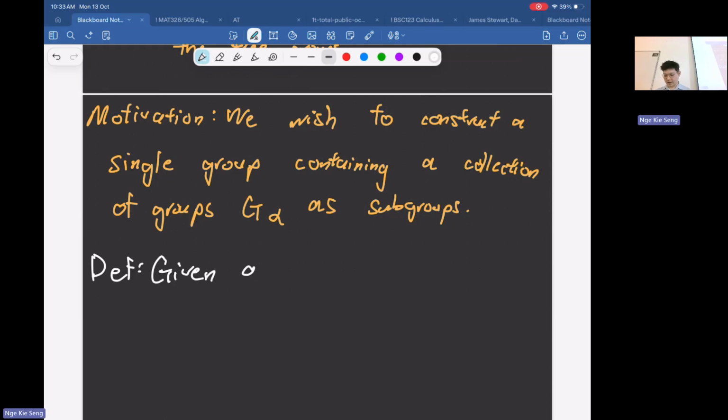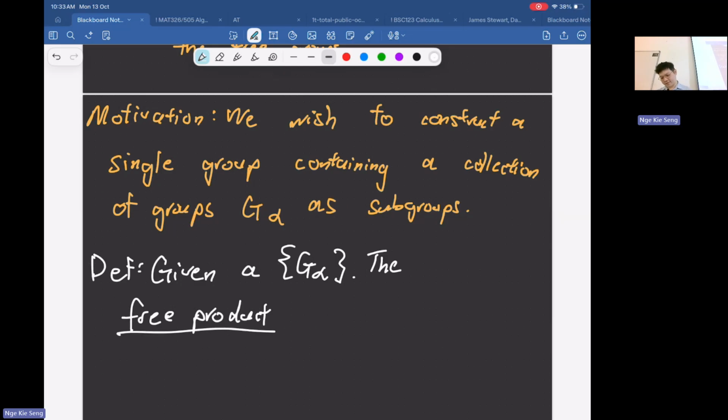So let's start with a collection of groups G alpha. This free product doesn't deserve a multiplication sign. Instead we'll use an asterisk.